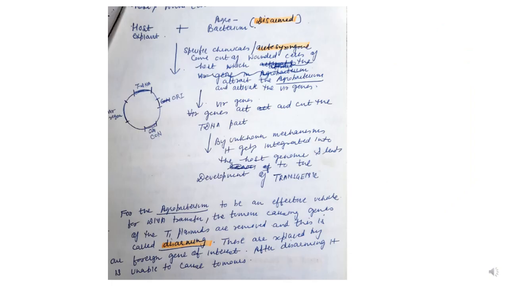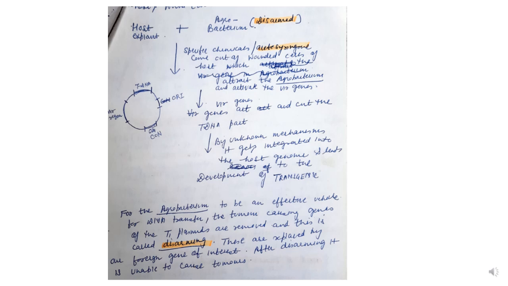So what is the mechanism of transferring its tDNA into the host genome of the plant by Agrobacterium? You see in this picture that there is a host explant and there is Agrobacterium. This Agrobacterium has a Ti plasmid, and the Ti plasmid has a region called tDNA.